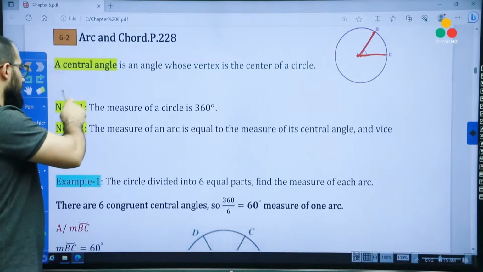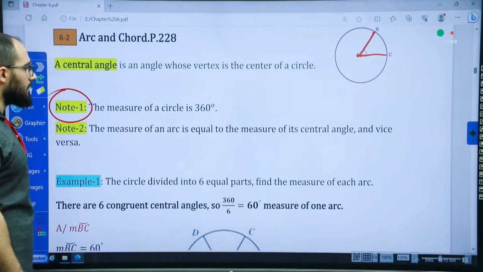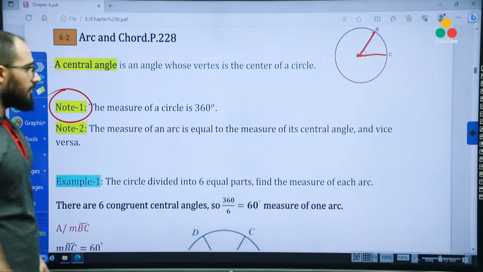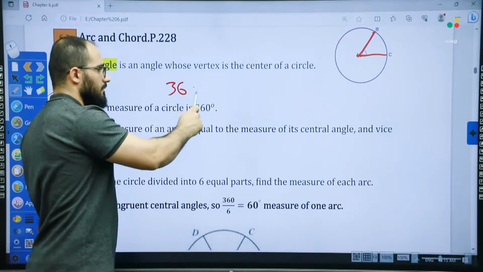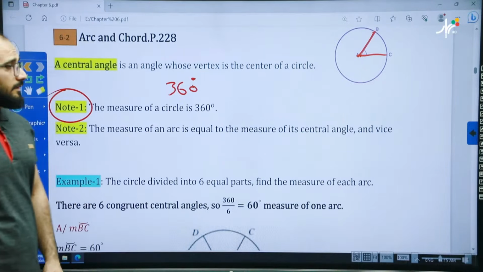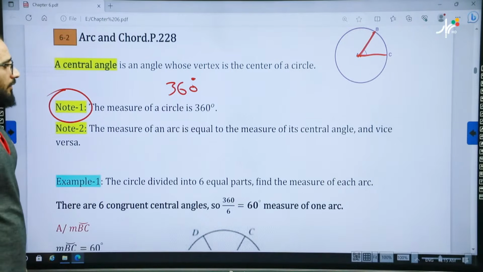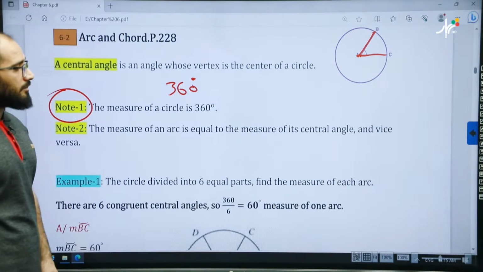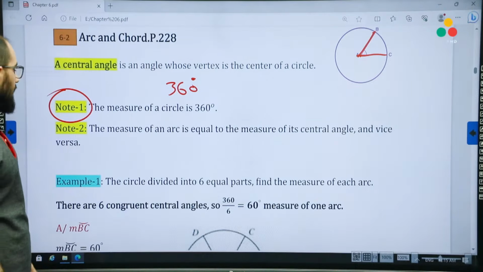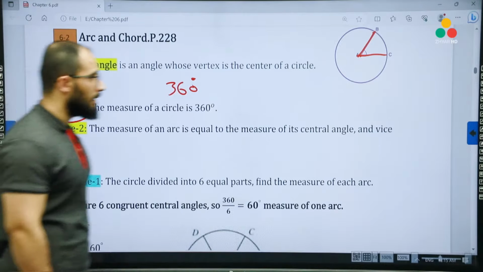If you remember, we have another note: the measure of a circle is 360, because in the previous chapter we explained that. And the next note says the measure of an arc is equal to the measure of its central angle and vice versa. What does it mean?